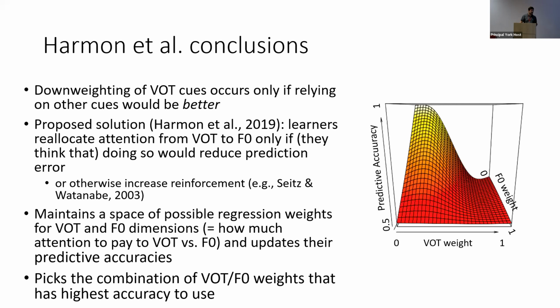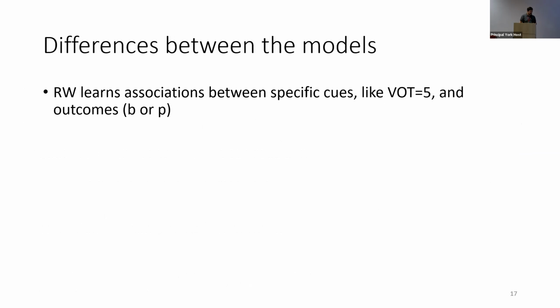So the model says that you maintain this space of possible weights of VOT and F0 and their relative predictive accuracies. And you pick the combination of VOT weight and F0 weight that has the highest accuracy to classify a particular sound. Okay. So there are two differences between these models.